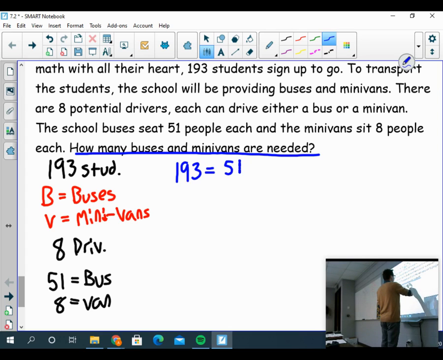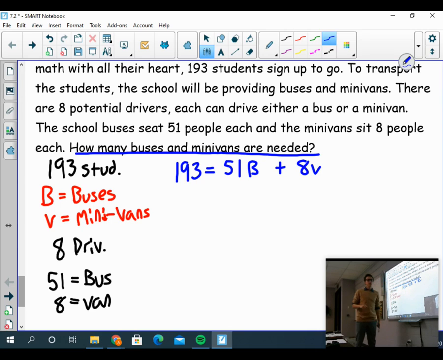So I can have 51 people per bus, again, I don't know how many, plus 8 people per minivan. This combination of people on buses and people on minivans has to total 193. We got to make sure all the students make it there.